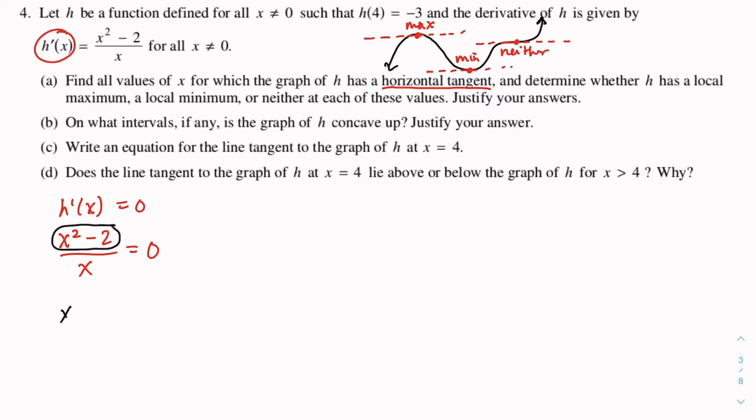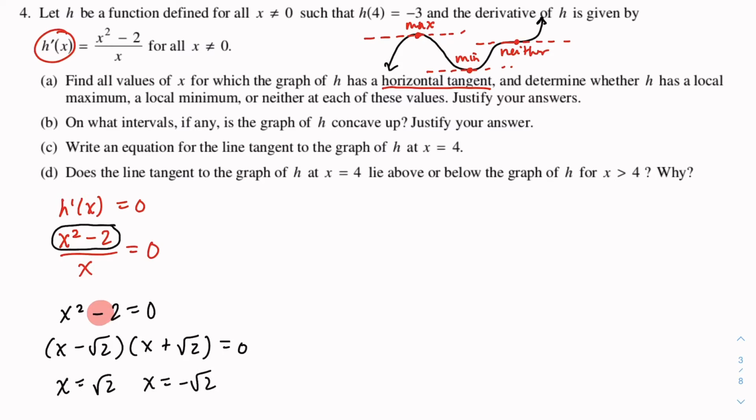So I only need to work with the numerator here. Seeing a minus sign in between, I'll solve this by factoring difference of squares, leaving me with x equals positive radical 2 and x equals negative radical 2.